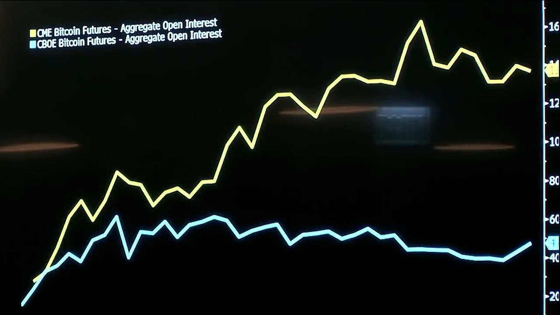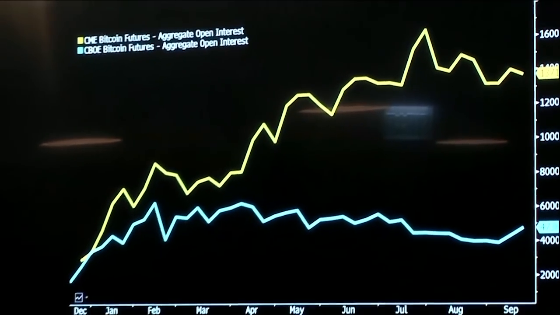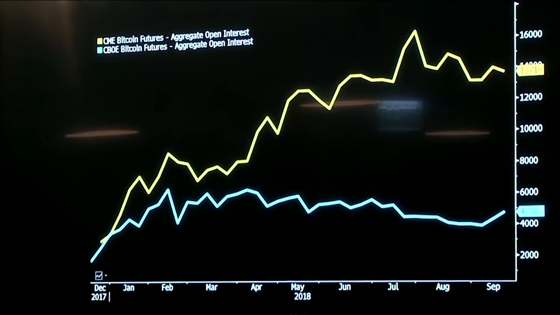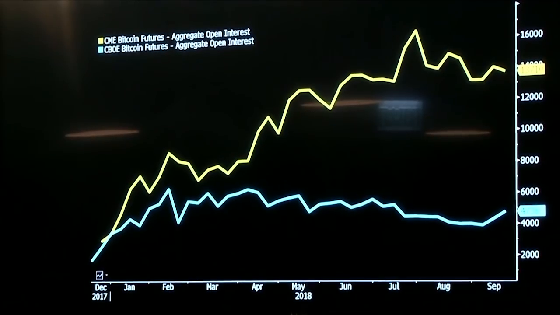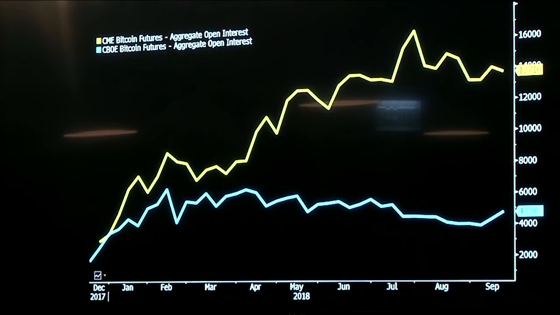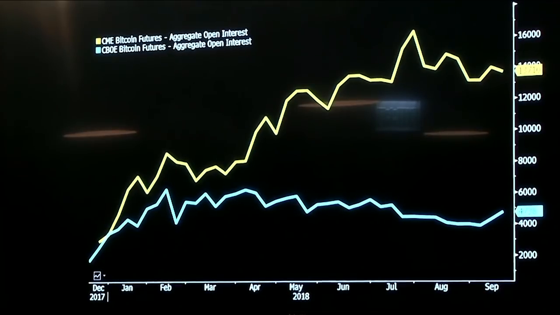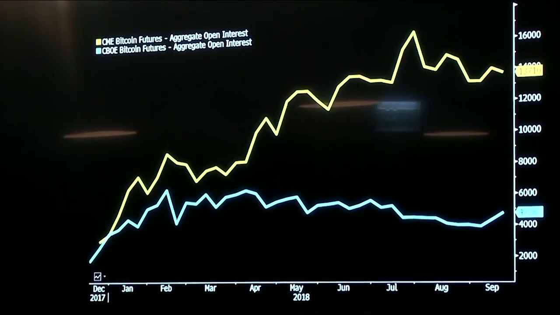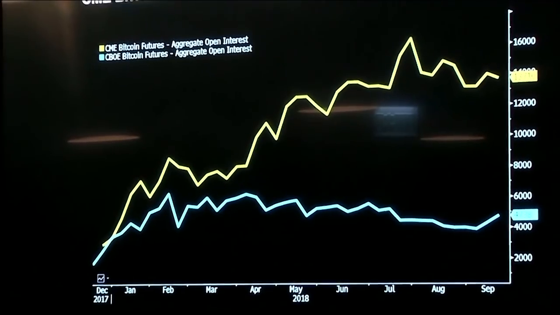So I want to end on this slide. The one key thing that I think is so important in this space is adding adult supervision. And the CME was the first, CME and the other exchange, CBOE, I don't want to mention that too much, was the first futures to do that. But this is an indication of our prediction from the very, very beginning: the world's largest futures exchange, the future is going to win. Usually only one contract does.